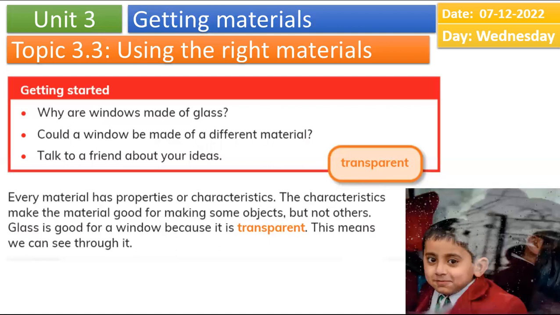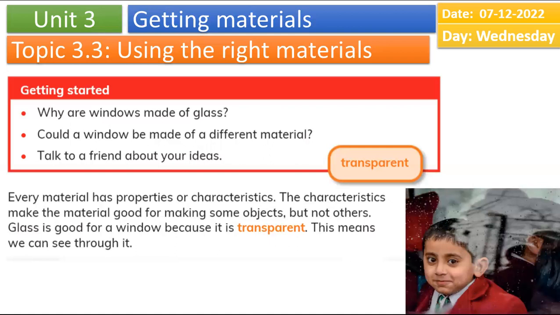We cannot look through like this. This boy is looking outside through the glass. He can see the people, he can see the cars, he can see birds, he can see the sun in the sky, right? He can see different things around the window, right?